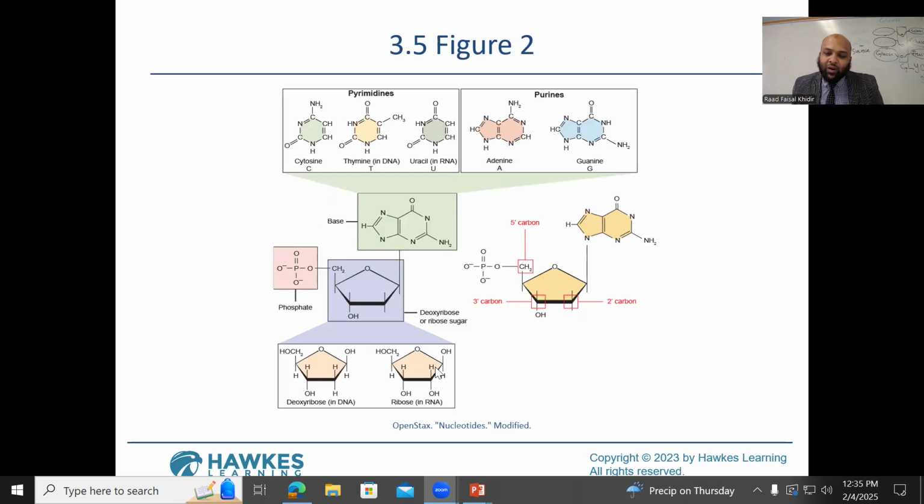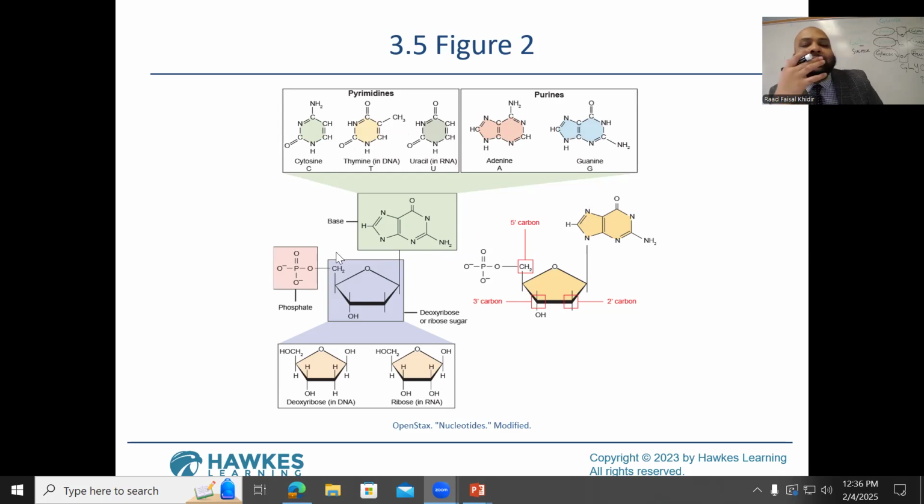On the second carbon, that's how you're going to be able to tell whether we have a deoxyribose or ribose. And you know the nitrogenous bases come in two families: purines and pyrimidines. Purines have two rings, while pyrimidines have only one ring. So that's the nitrogenous base.